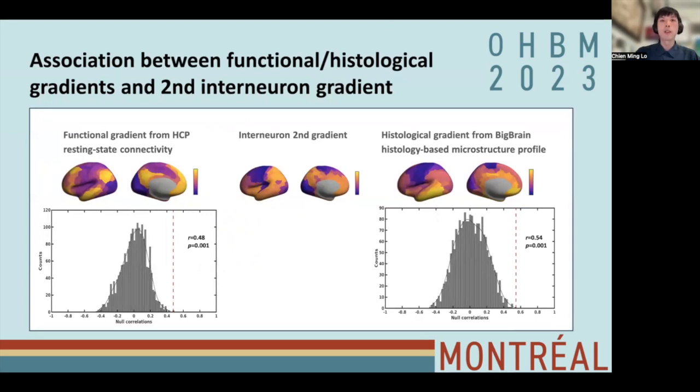The outcomes of this analysis reveal significant evidence of association between these gradients, suggesting the presence of shared organizational properties. But we observe no such associations when comparing these gradients with the first interneuron gradient. However, our investigation did uncover some connections between gradient 1 and the large-scale features of the MEG recordings.